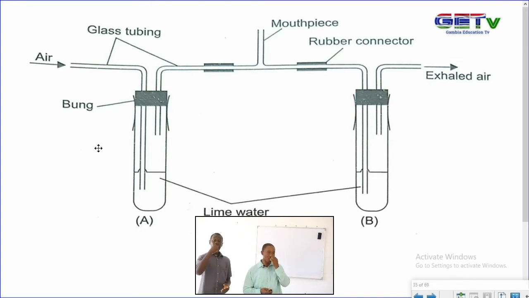You have to hold your nose so that no air goes in or out through your nose. You only breathe through your mouth. So you just try to breathe normally. When you breathe in, air is sucked on the left, it goes through tube A, passes through the lime water, and then goes into tube B, and then it is exhaled outside.